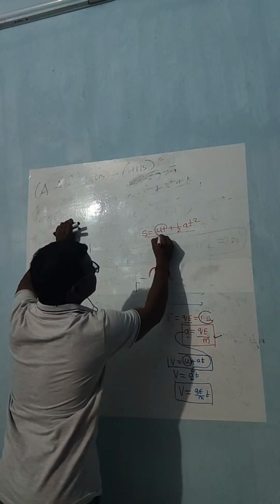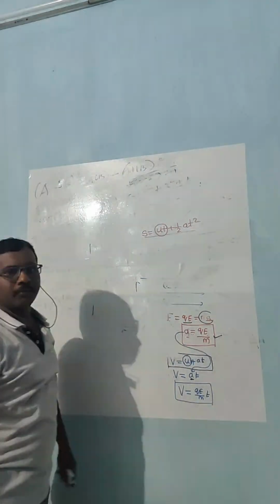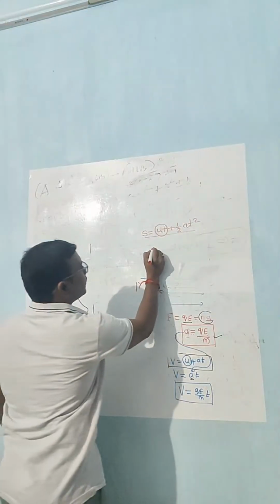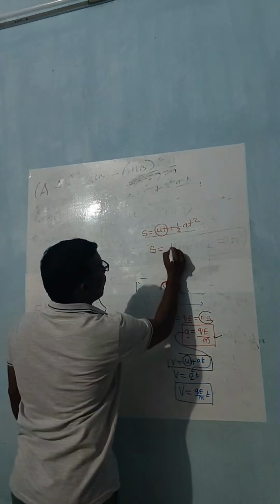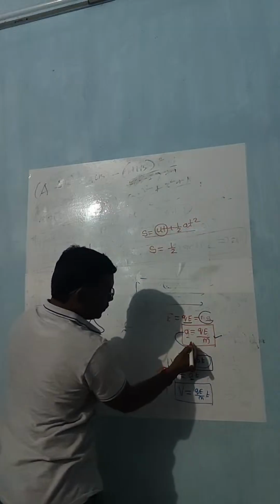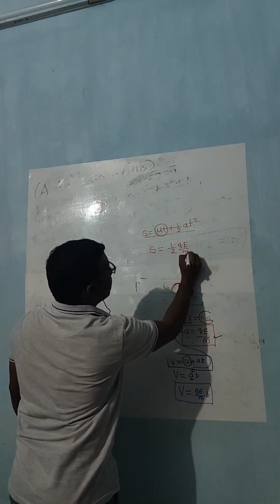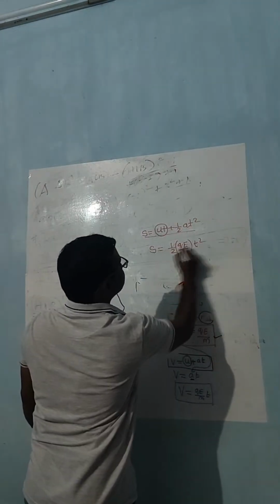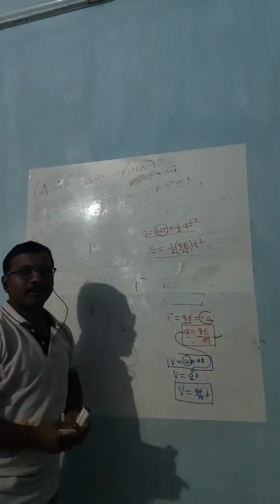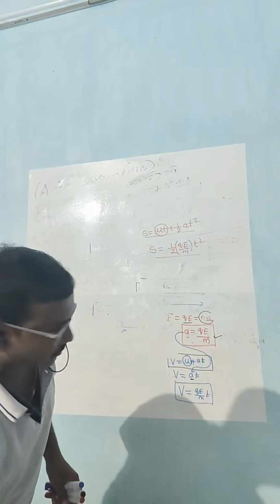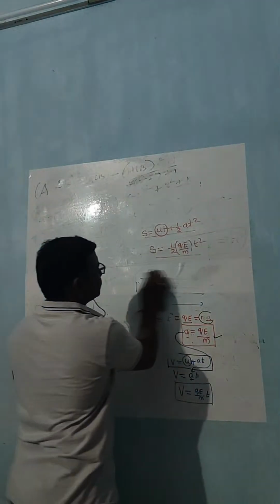Initial velocity is 0, so the ut term goes to 0. Then s equals 1 by 2, a is qE by m, into t square. So this is the displacement.